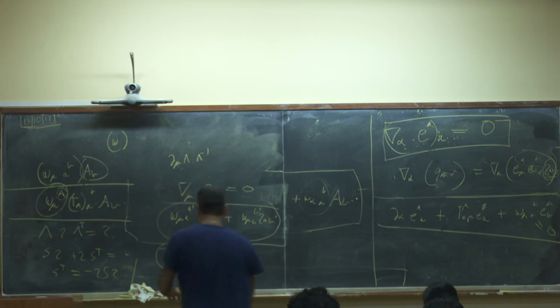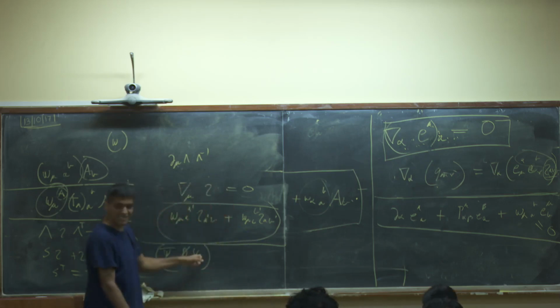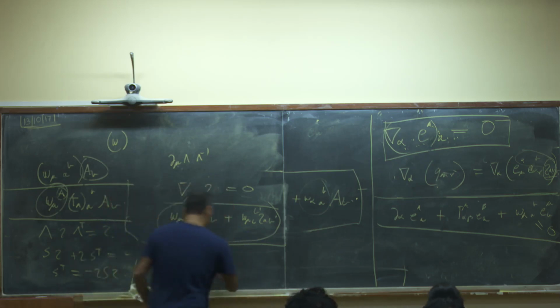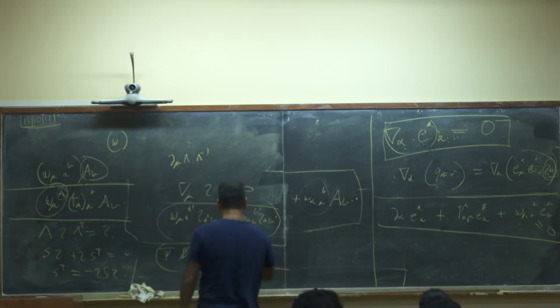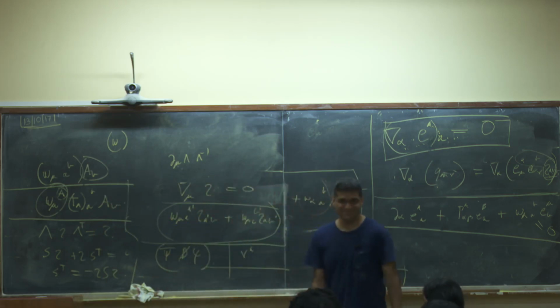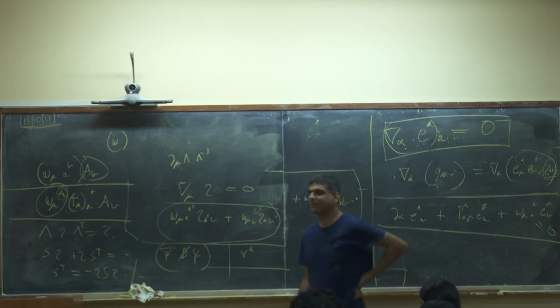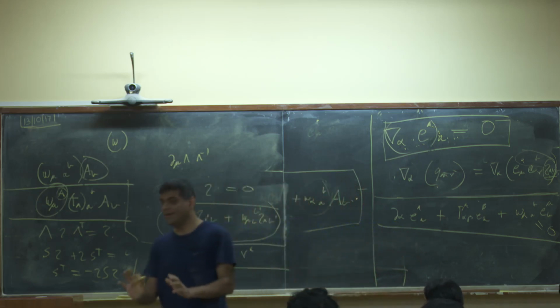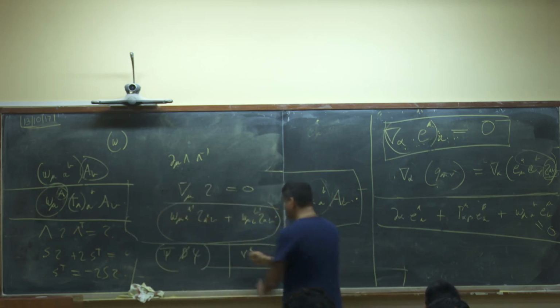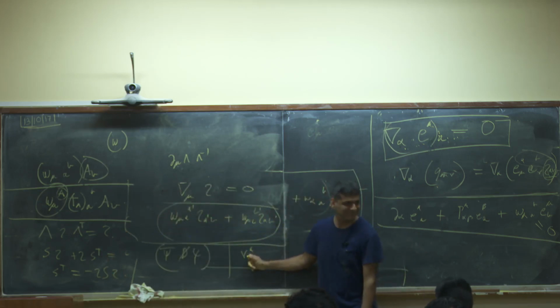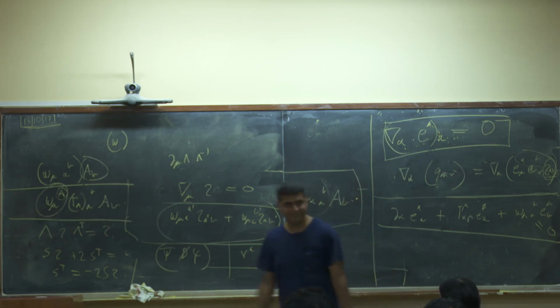In this basis vector space, let me choose some gamma A matrices associated with my basis vector space. These gamma A matrices will transform under local Lorentz transformations, like their indices imply.